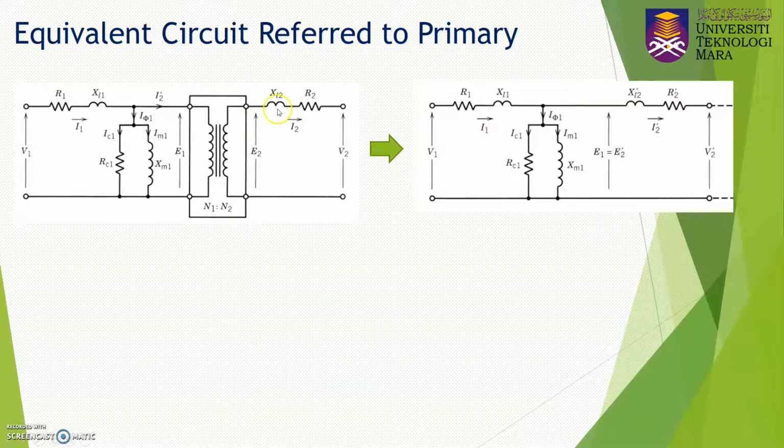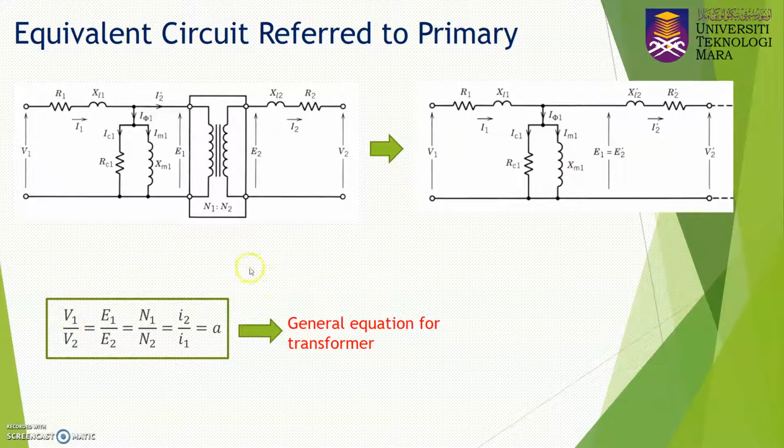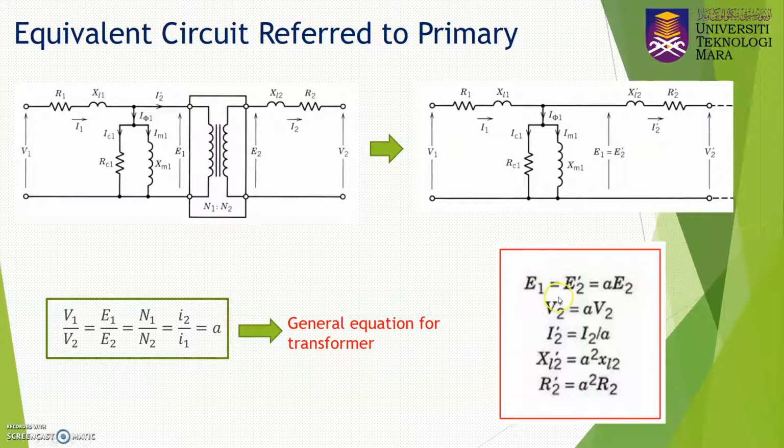You just transfer your R2, XL2, E2, I2 and V2 to the primary side, so here you have XL2 prime, R2 prime, V2 prime and E2 prime. Basically this is the general equation for the transformer. Based on the general equation, you can come up with the equations to find the values of E2 prime, I2 prime and V2 prime.